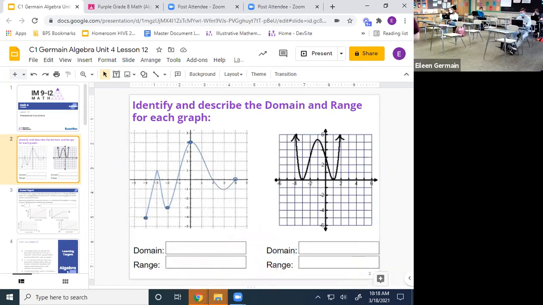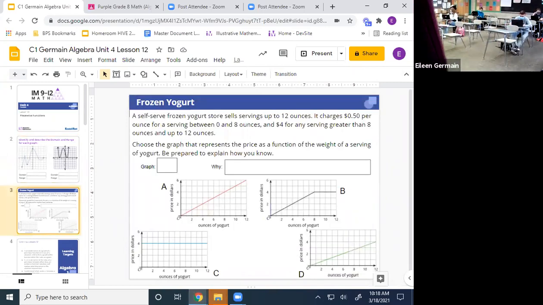So let's take a look at 3, okay? This is where today's real new learning is coming in. A self-service frozen yogurt store sells servings of frozen yogurt up to 12 ounces. So you can buy up to 12 ounces, that's it.